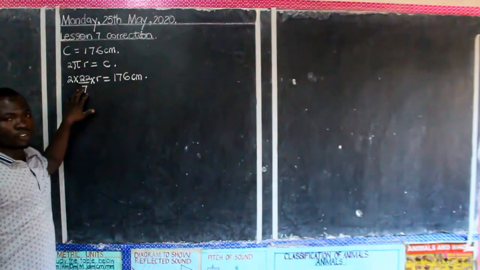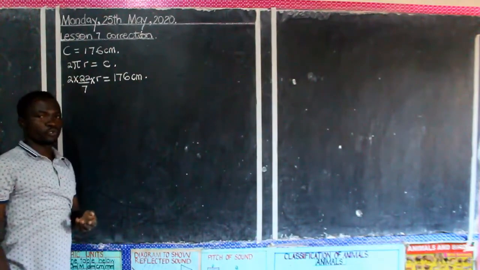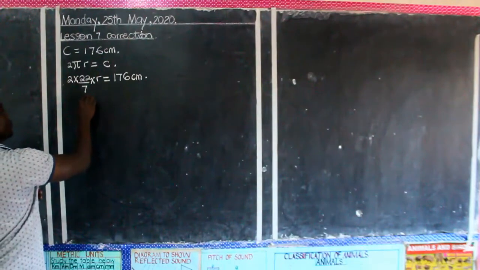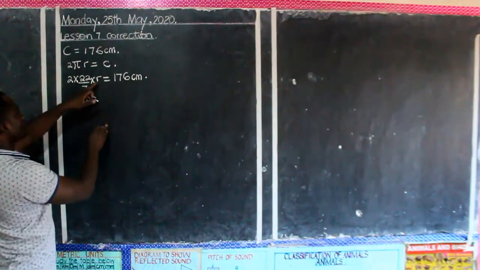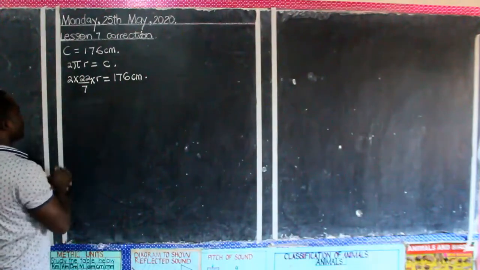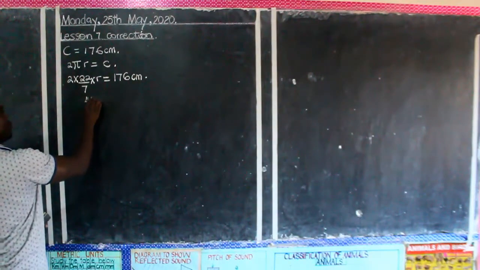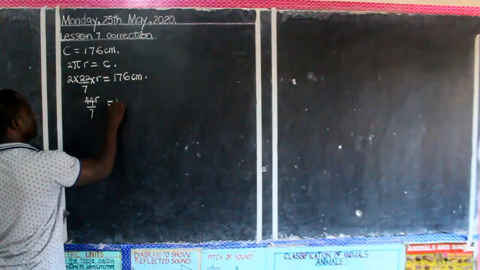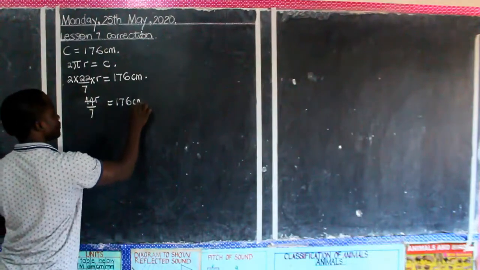This pi here is the one that was given in the equation for you to use. So let's go on and simplify. 2 times 22, we shall have 44 times r is 44r out of 7 equals 176 centimeters.